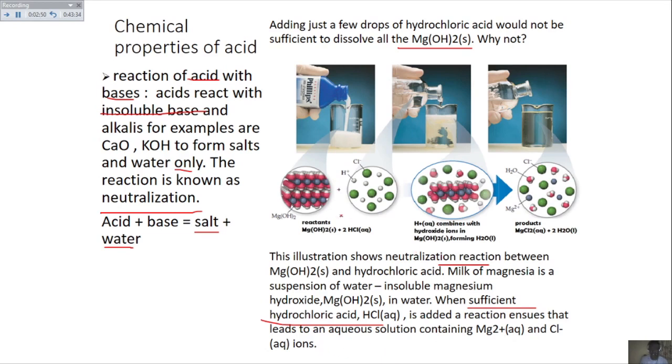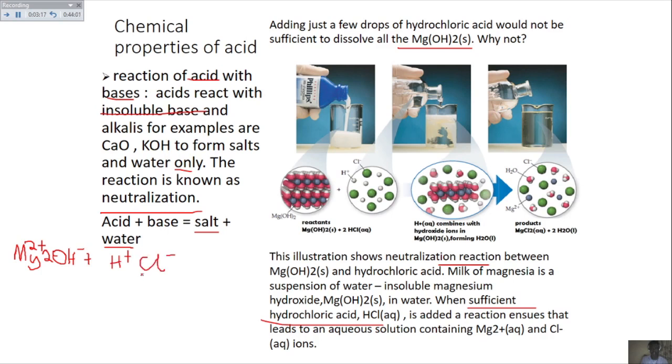Now see what is actually going on. This one will split into Mg 2 plus, then OH minus, 2 of them, then plus H plus and Cl minus.